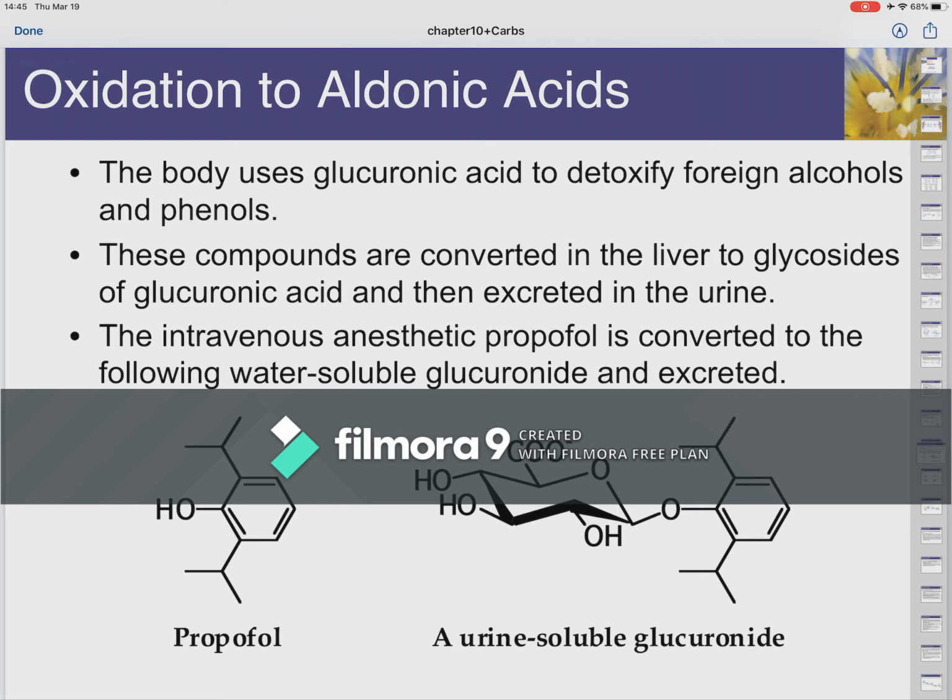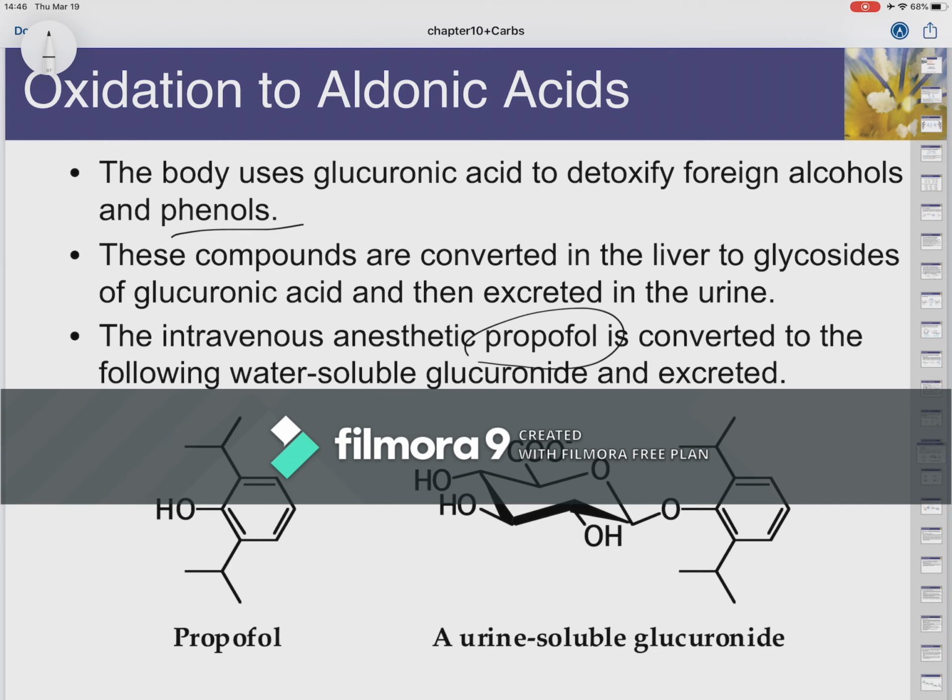Our body actually takes advantage of this. We use one of the sugar acids to detoxify against foreign alcohols. So what it does is it converts some of the sugar in your body into an acid form, so that acid can react with an alcohol to form an ester, because those two functional groups are very reactive together. Phenols also. Phenols we saw typically used in anesthetics, and a good example is the anesthetic propofol.